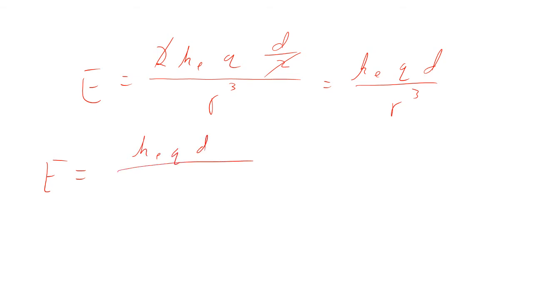Remember, r squared was (d over 2) squared plus y squared. So r cubed is going to be equal to ((d over 2) squared plus y squared) to the 3/2.